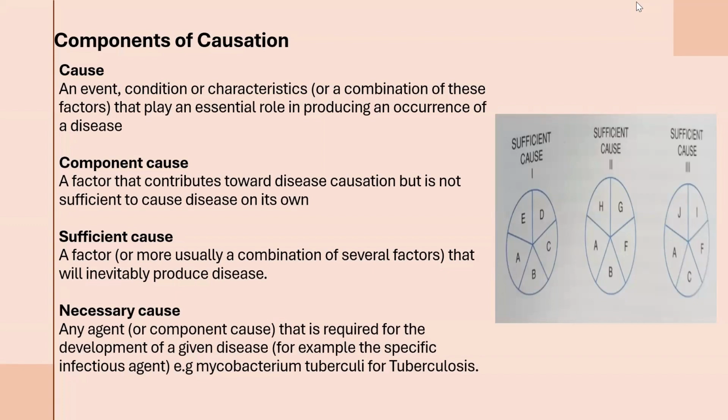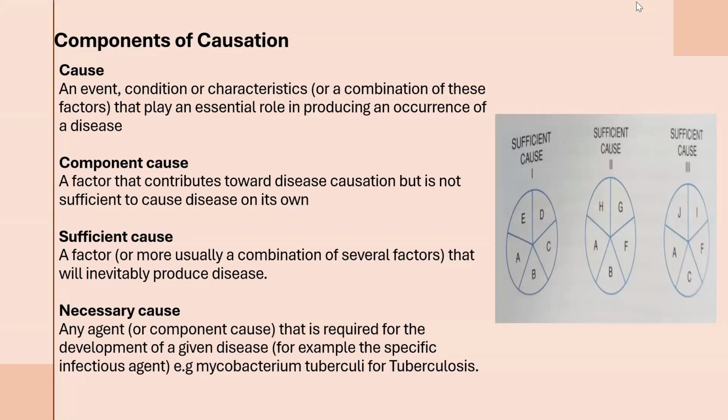Let's take malaria, for example. If you do not have Plasmodium species as one of the component causes, or as one of the sufficient causes, then the person cannot have malaria. So Plasmodium is a necessary cause in the causation of malaria.